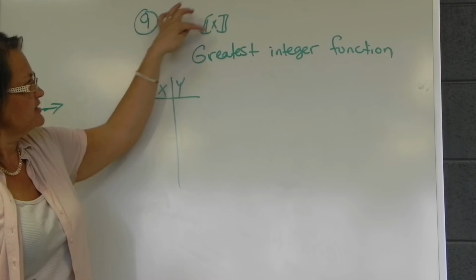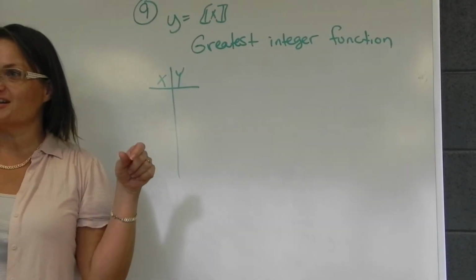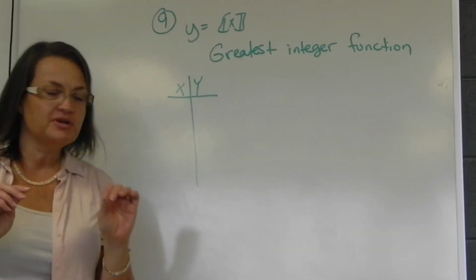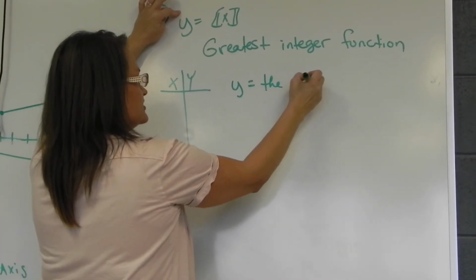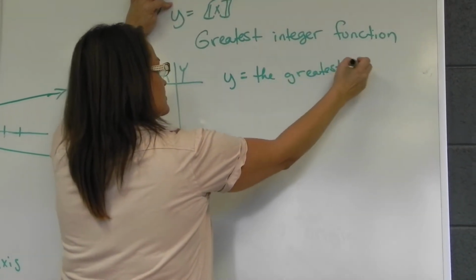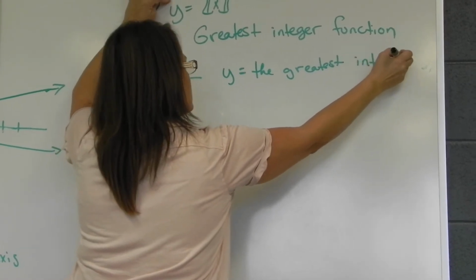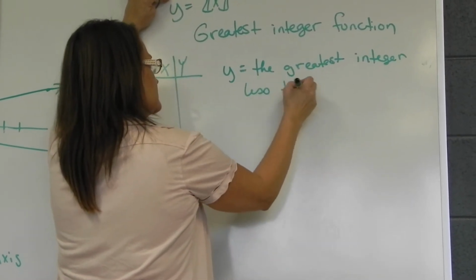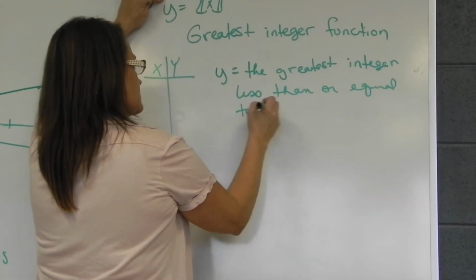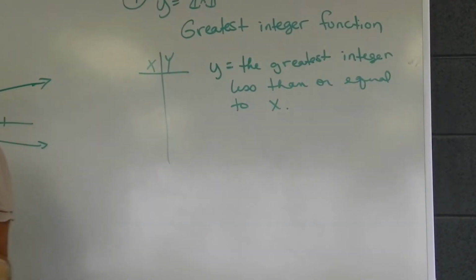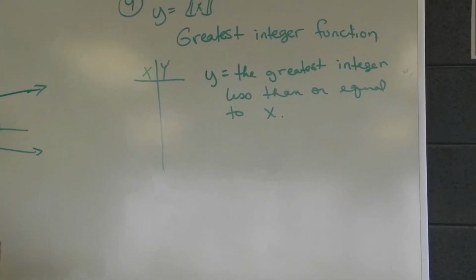You've got these brackets with little vertical lines in it. That's the notation that means y will equal the greatest integer less than or equal to the input value x. So you may want to copy that down.